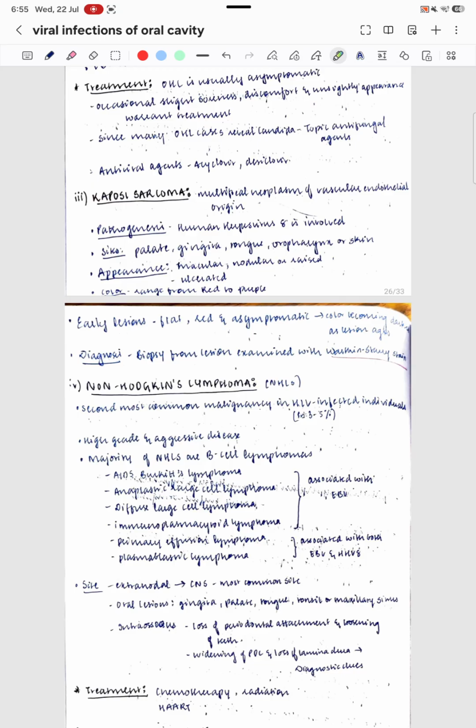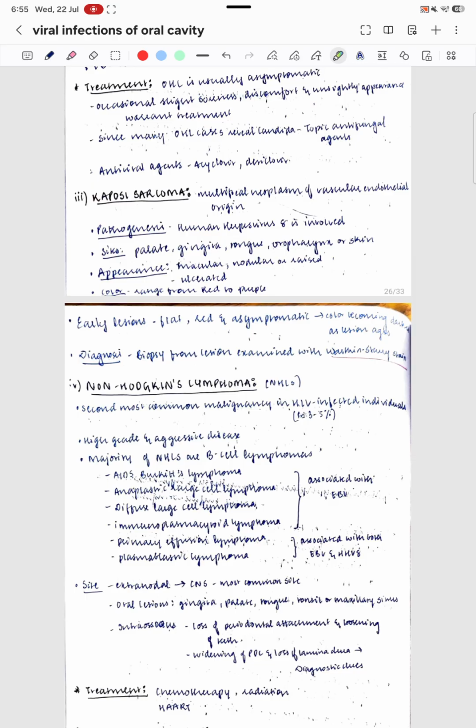Basically it is a type of sarcoma involving the blood vessels. Pathogenesis: human herpes virus, that is HHV, is involved. Sites involved are the palate, gingiva, tongue, and oropharynx.